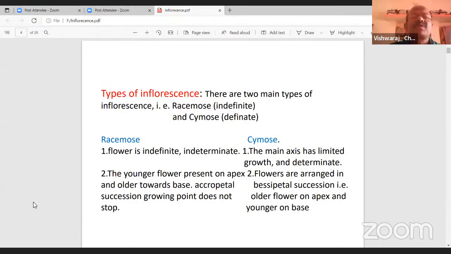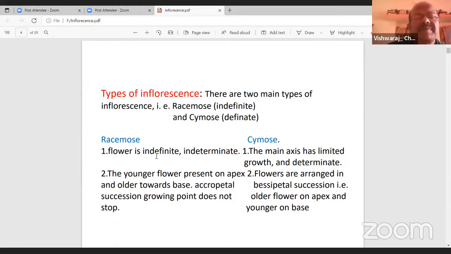And types of inflorescence. There are two main types of inflorescence: racemose and cymose. In racemose, the flowers are indefinite and indeterminate.